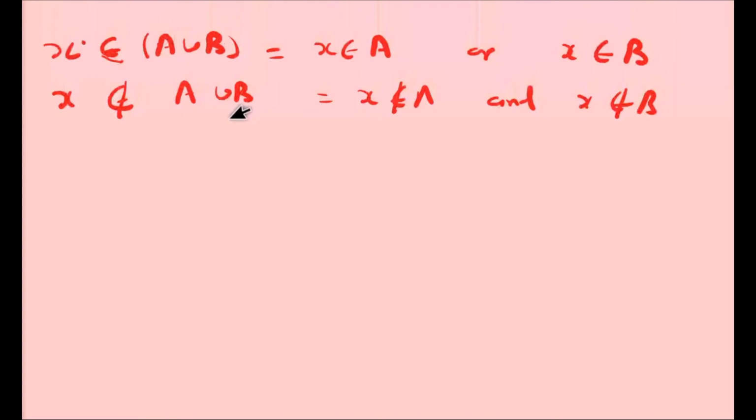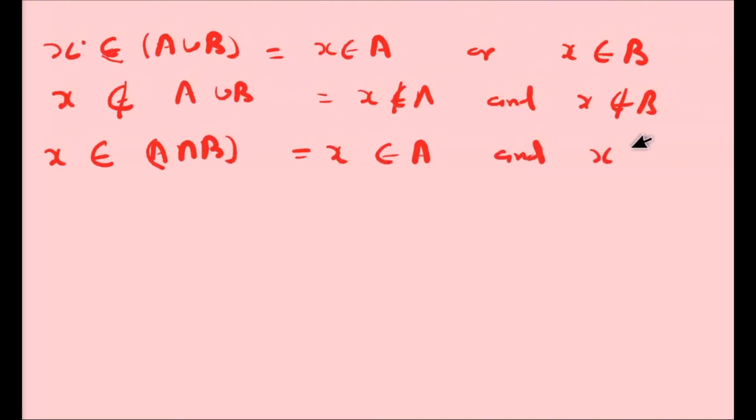which means the member will not belong to set A and will not belong to set B, therefore it will not come in A union B. Similarly, if a member belongs to A intersection B, what can you say? The member belongs to set A and of course it belongs to set B. If a member belongs to both sets, then it belongs to the intersection, meaning common.